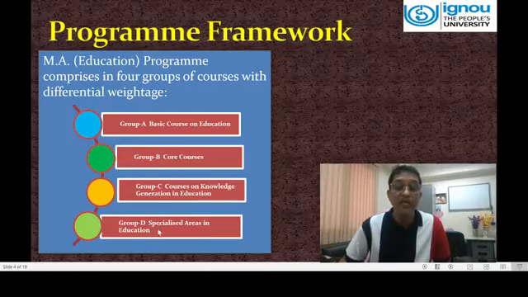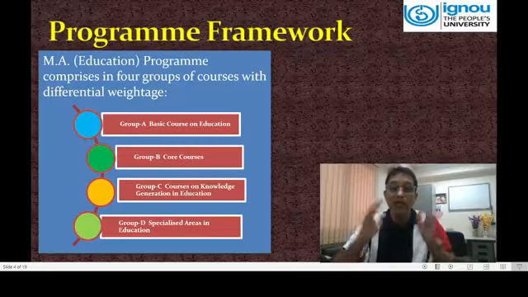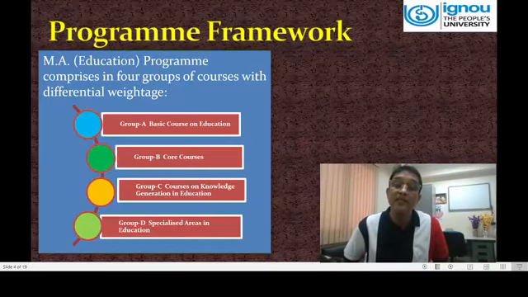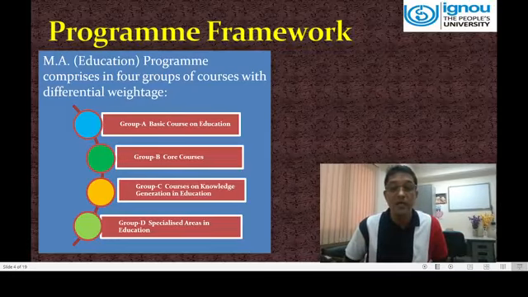And Group D is specialized areas in education. So accordingly, 68 credits of courses are distributed among these 4 groups, starting from the basic course to the specialized areas in education.